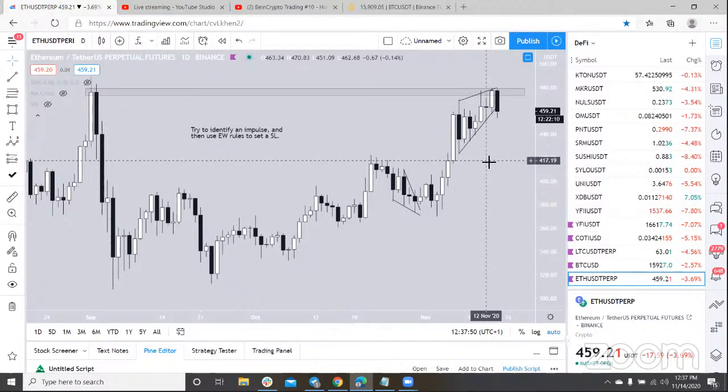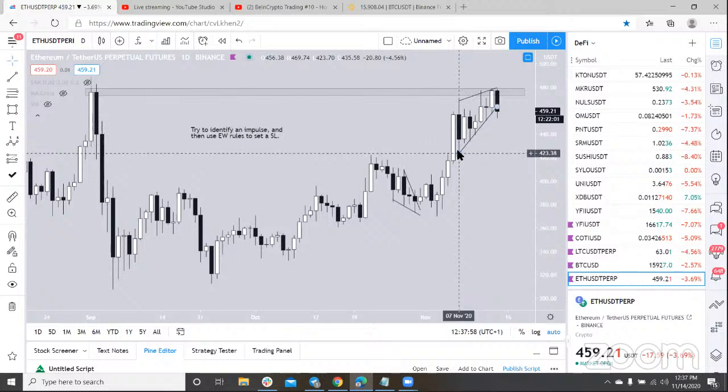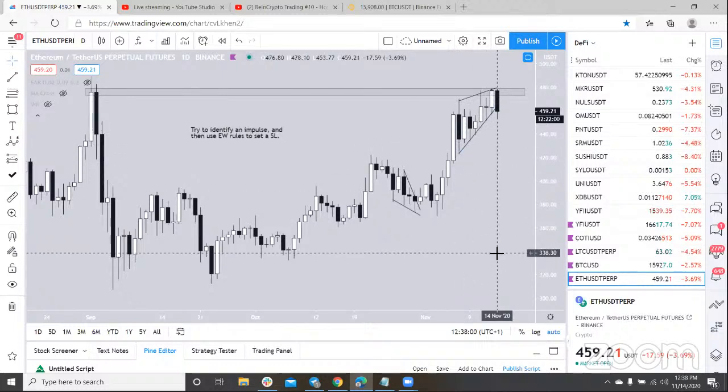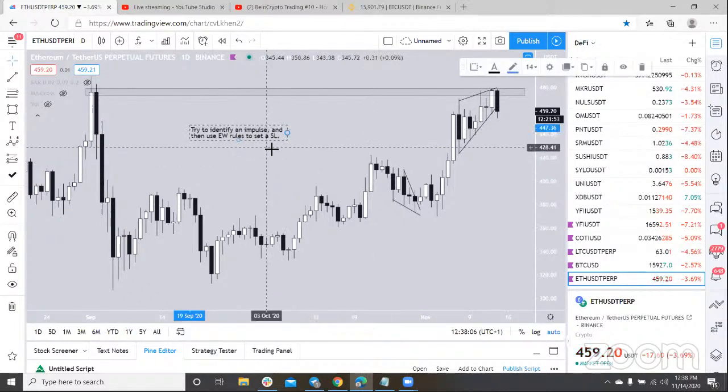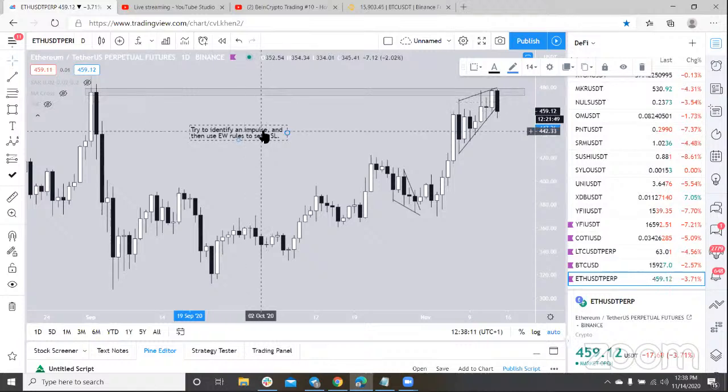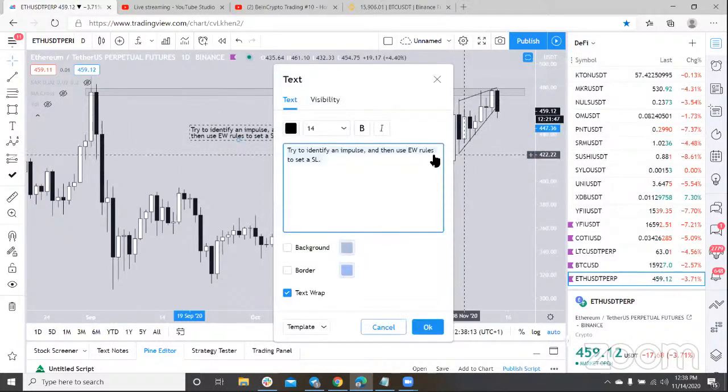So you see an impulse developing and you set the stop loss for wave 2 below wave 1, because if that is broken, then your impulse is invalid. You can do the same with wave 4 and wave 1, because wave 4 cannot touch wave 1. So you do the same. The other option, if you're not good at Elliott wave theory, or if you just never wanted to do this, you can either, let me write it.